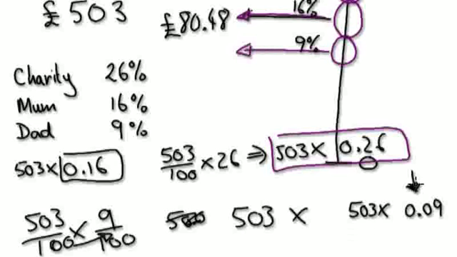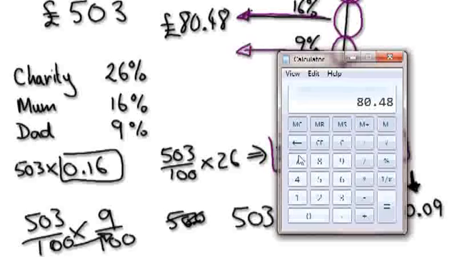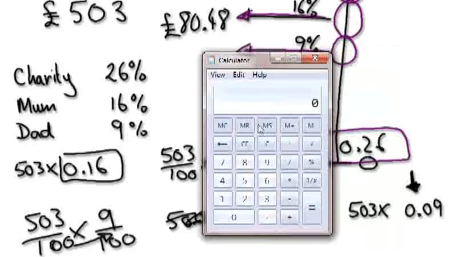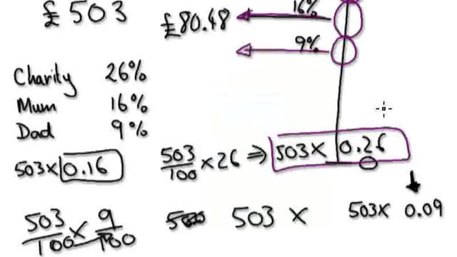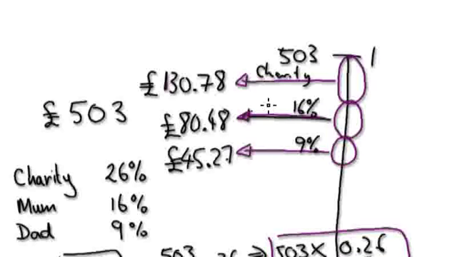Just bear with me on this decimal thing. Just try and do it for the time being. 503 times 0.09 equals 45.27. So 9% going to your dad would be this amount.